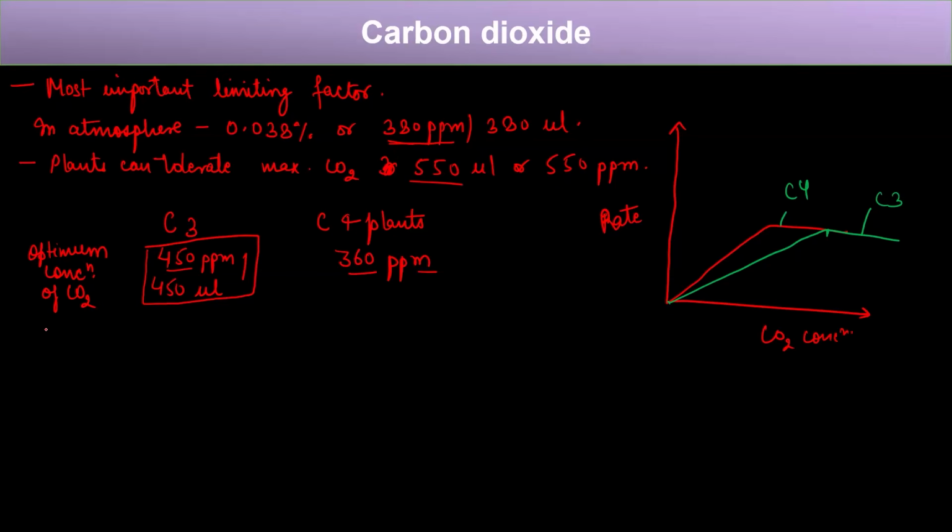Okay. So in order to fulfill this carbon dioxide requirement, we provide carbon dioxide from outside or from other sources to these C3 plants. Okay. So for these C3 plants, in order to make them grow, carbon dioxide has to be provided from other sources.